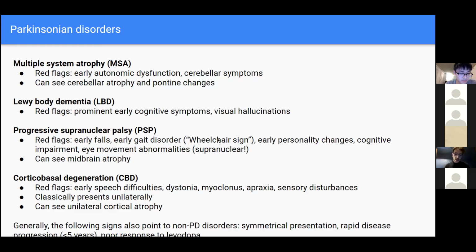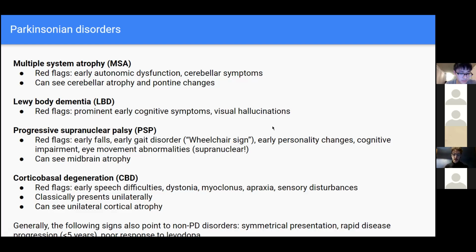So these jerky movements. Cortical basal degeneration also classically presents unilaterally. And if you image these patients, you can see unilateral cortical atrophy. So if you see a Parkinsonian patient with unilateral sensory changes, then you can think of cortical basal degeneration. And generally, there are other red flags that can point you away from a Parkinson's disease diagnosis in someone presenting with bradykinesia.